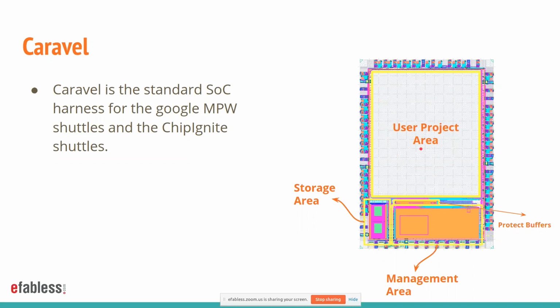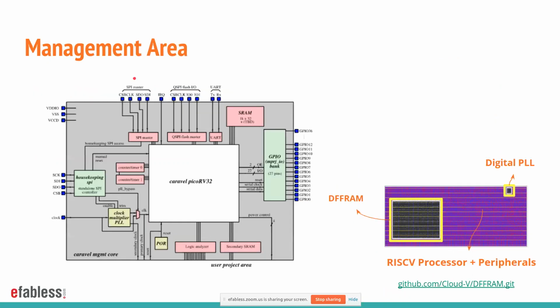The chip pad frame is also pre-planned, which means that you get a fixed number of GPIO pins, and also a fixed number of power domains. The first main hardware resource in Caravel is the management area, and it contains a PicoRV32 processor.